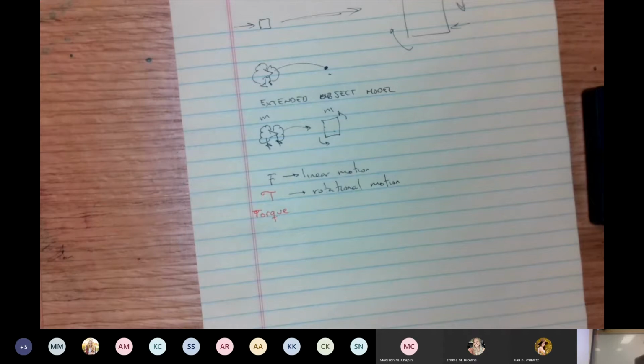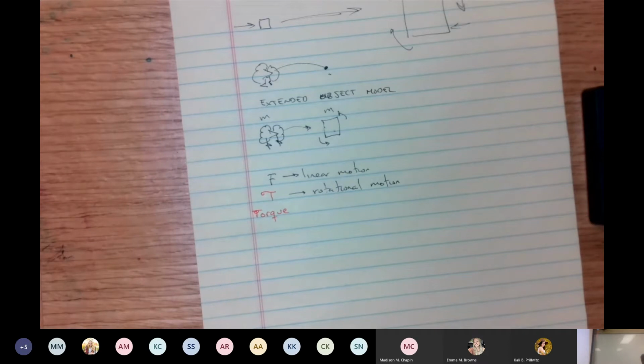Now, torque is particularly important for us because every single joint that we have in our body is going to be a pivot point around which an object is going to rotate. So if you think about your elbow, your elbow is a pivot point and your arm rotates along that pivot point.